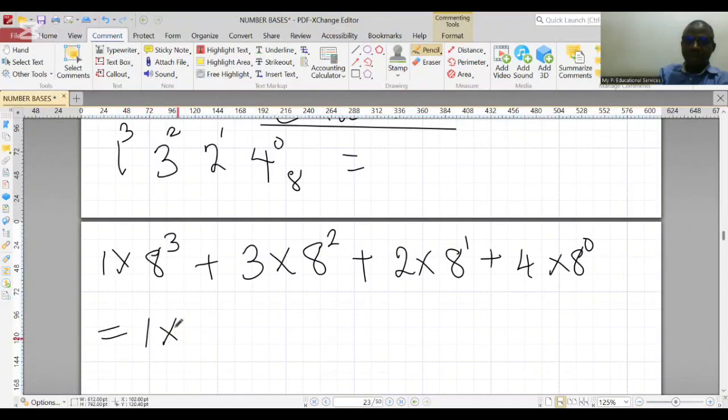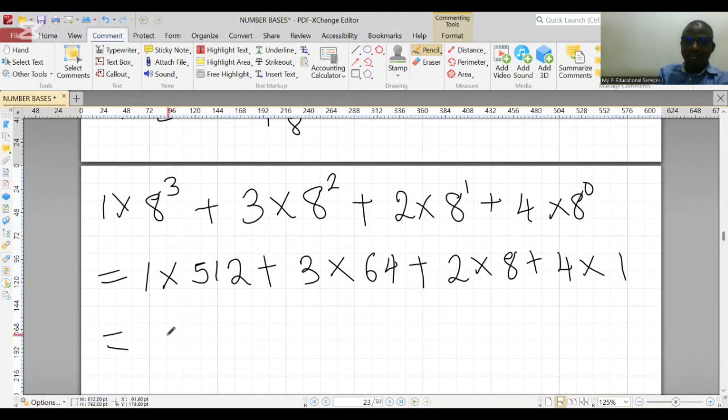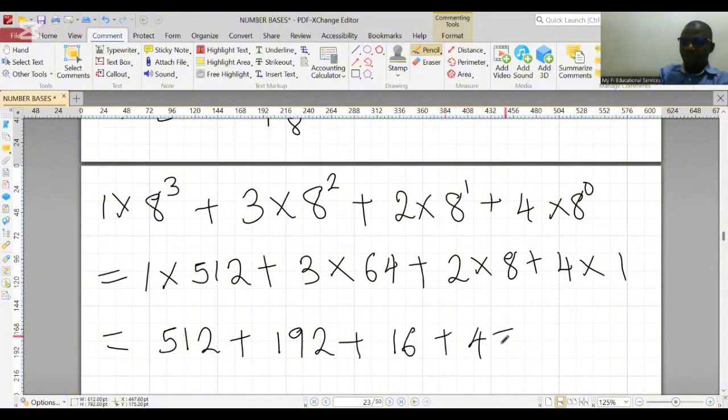Since 8 cubed is 512, 1 times 512 gives 512, plus 3 multiplied by 64 gives 192, plus 2 multiplied by 8 gives 16, plus 4 multiplied by 1 gives 4. When you add all these numbers on your calculator, that will give you 224 base 10.